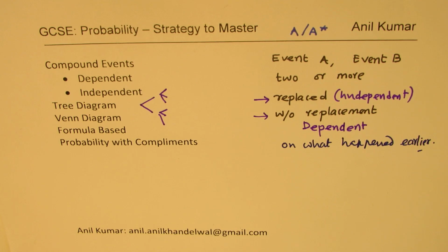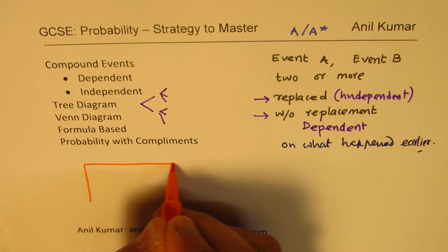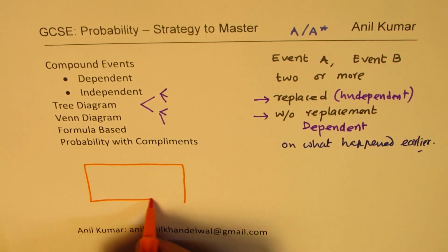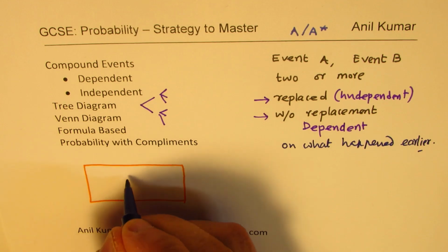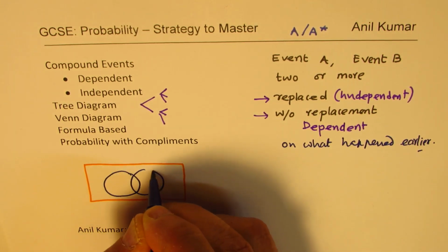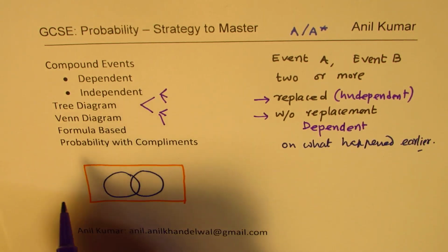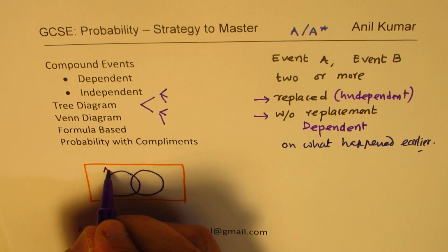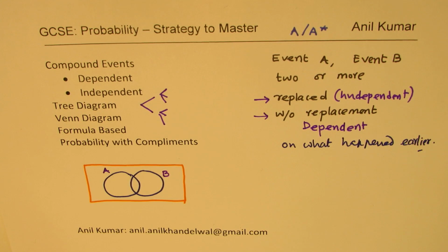Now, talking about Venn diagrams. Let me give you a base of a Venn diagram. A Venn diagram normally should be drawn within a rectangular box, correct? In this box, we'll always make 2 circles, correct? Everything corresponding to event A will be represented by one circle and B by the other.